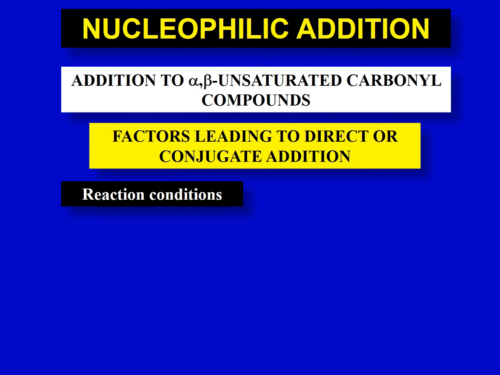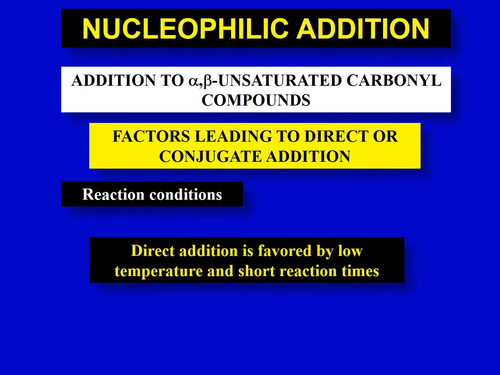The fate of the reaction is decided by four different factors: the reaction conditions, the structure of the substrate, the nature of the nucleophile, or the organometallic compound that you have used. As we are talking about reaction conditions, we will change the reaction conditions, keeping everything else constant. That is, the structure of the starting material will be similar in every case, and the nucleophile will be kept similar.